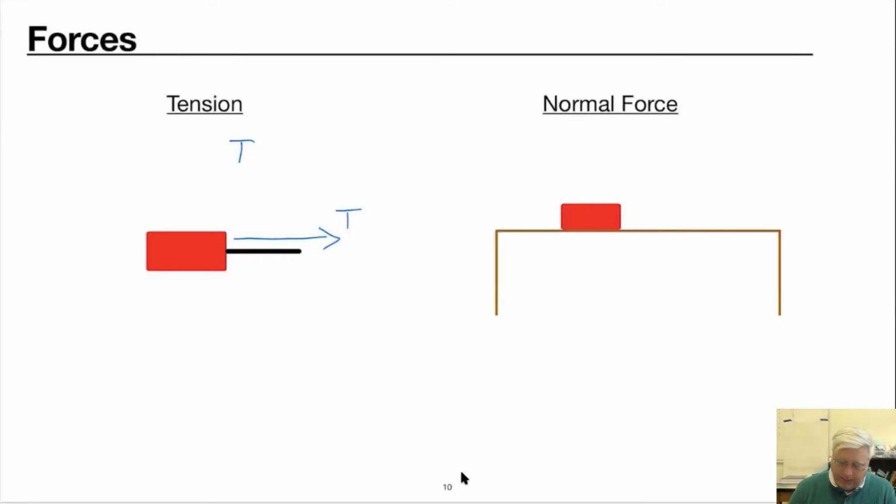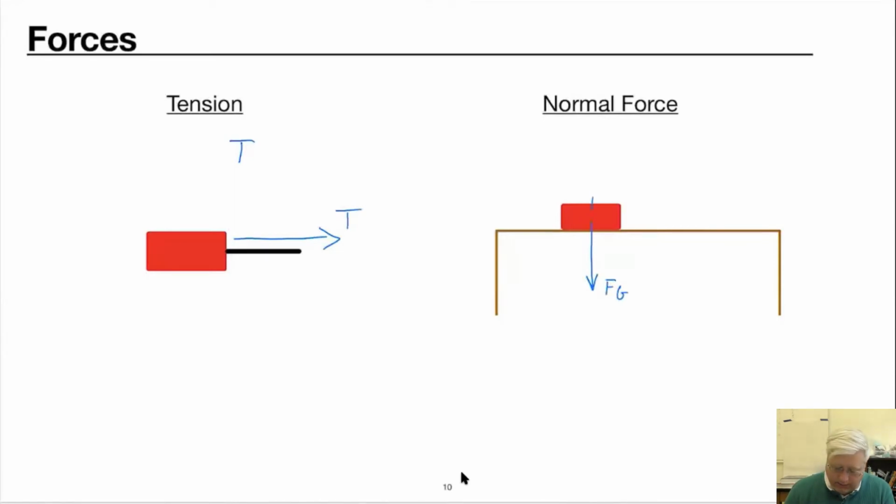If an object is just resting on a surface, even though it's not falling, gravity is still applying a force to it. It's trying to pull it down, but the surface it's sitting on is preventing it from doing so, which keeps the object at rest. So there's another force that counteracts gravity, the pushing up of the surface.